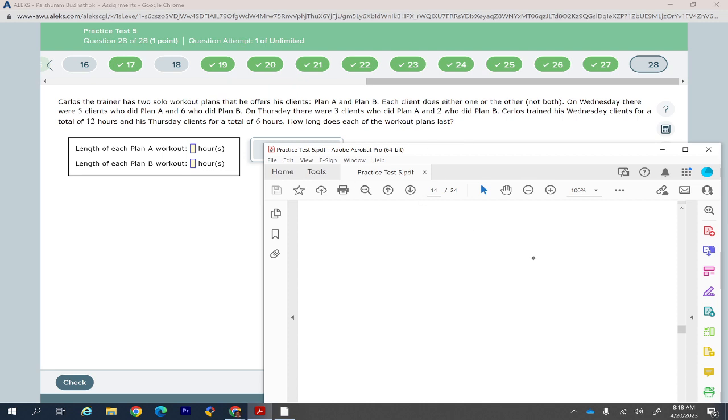For example, here we have to find two pieces of information, the length of plan A and the length of plan B. So let's assume that x represents the time, the length for plan A, and y represents the time for plan B. Now we have to express all this information in terms of equations. First, on Wednesday there were 5 clients who did plan A. So for one client, if it takes x amount, for the 5 clients it's 5 times x, and 6 who did plan B, so it's 6 times y.